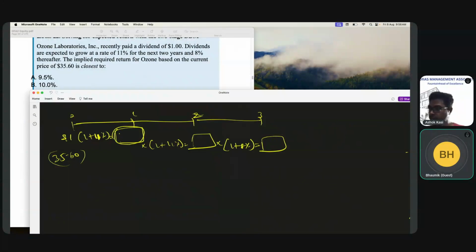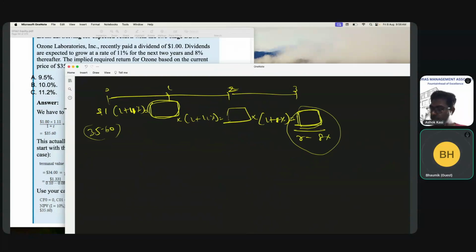See, 8% thereafter means this is Gordon growth. But for this also, we need R, na? For Gordon growth also. Okay. So what you can do is, okay.